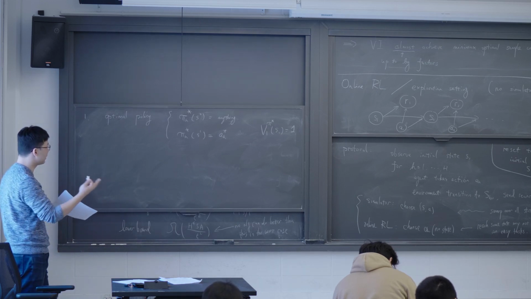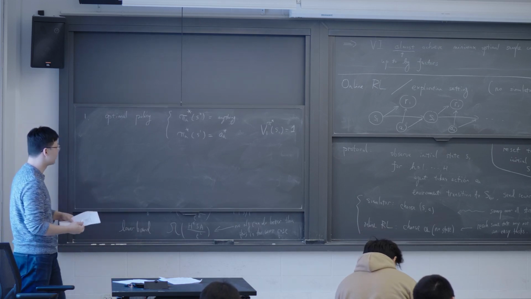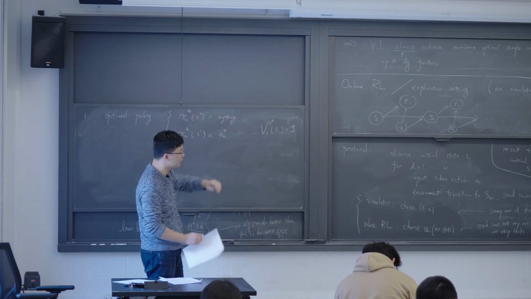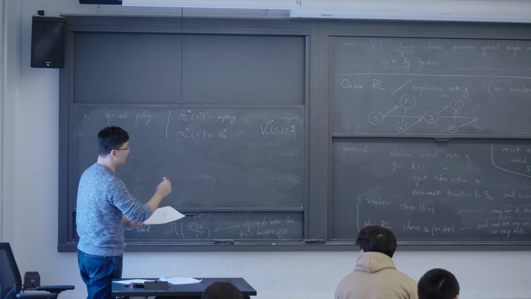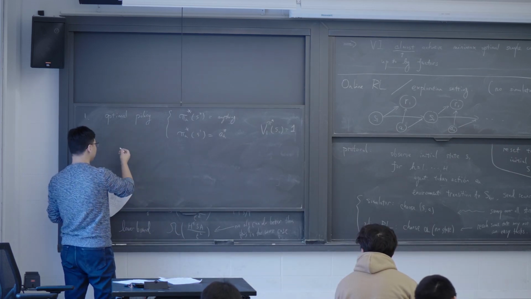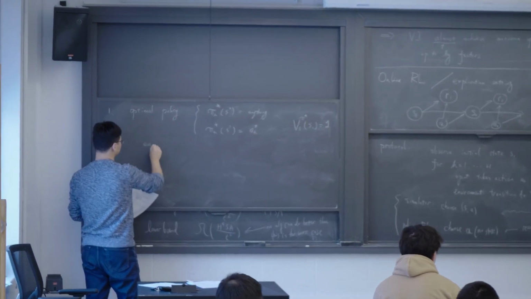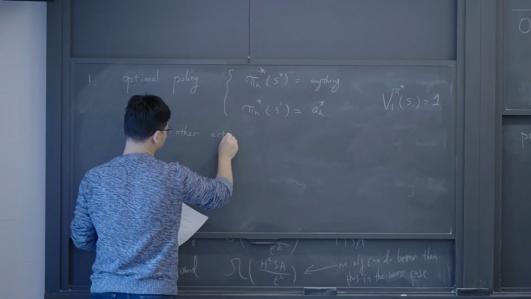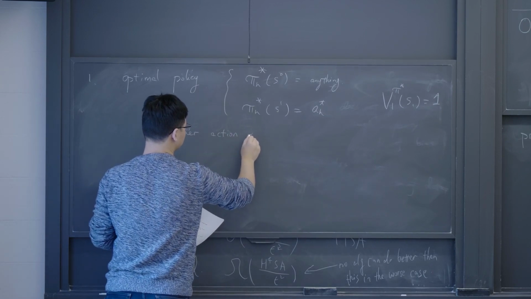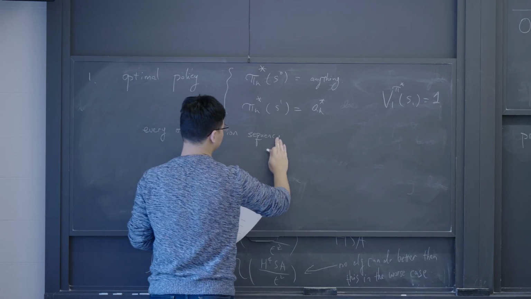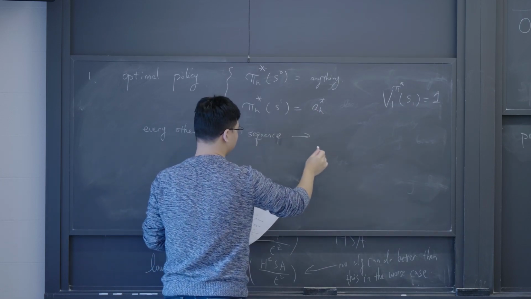This is the only case where you will get reward 1. That is, you precisely choose the action sequence A1 star, A2 star, A3 star, till the very end. For every other sequence, you get reward 0.